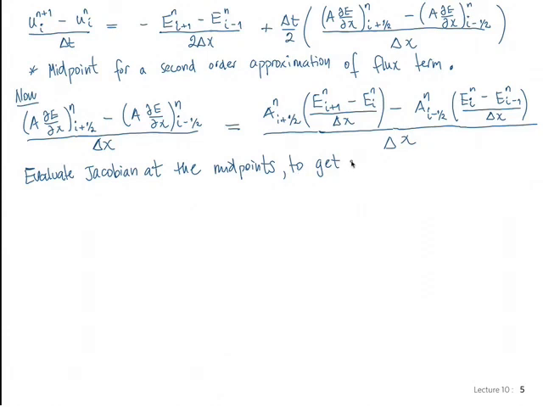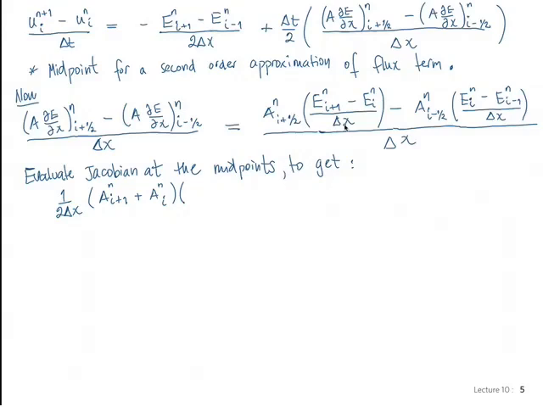And so we're going to get 1 over 2 delta x times A at I plus 1 plus A at I, both at n. The other one stays the same.